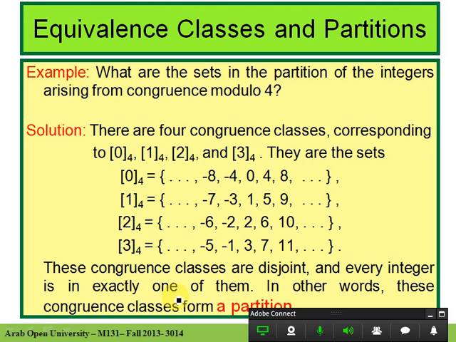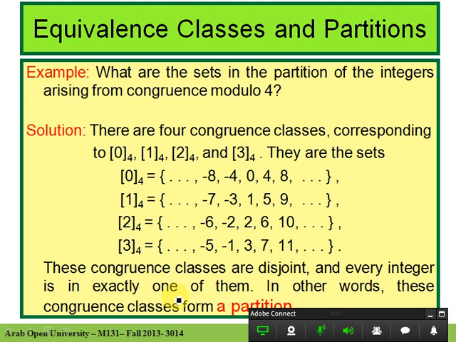1 modulus 4 is 1. No, I am asking about the remainder.